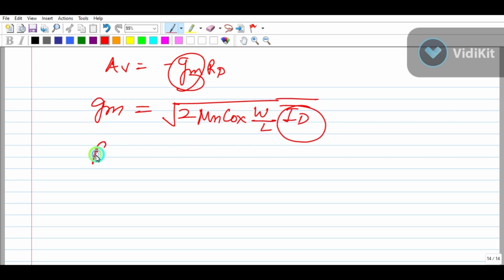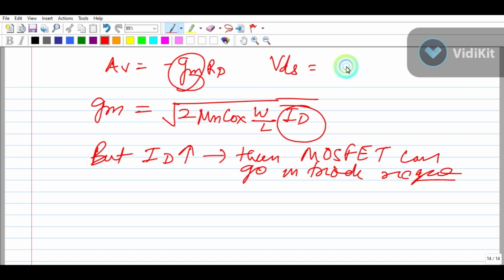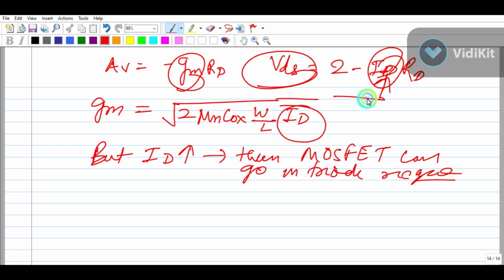But if I increase ID, then also the MOSFET can go into the triode region. How? See, what is VDS? VDS was equal to 2 minus ID RD. See, you are increasing ID, so it can go into the triode region. So you can't increase ID like this.